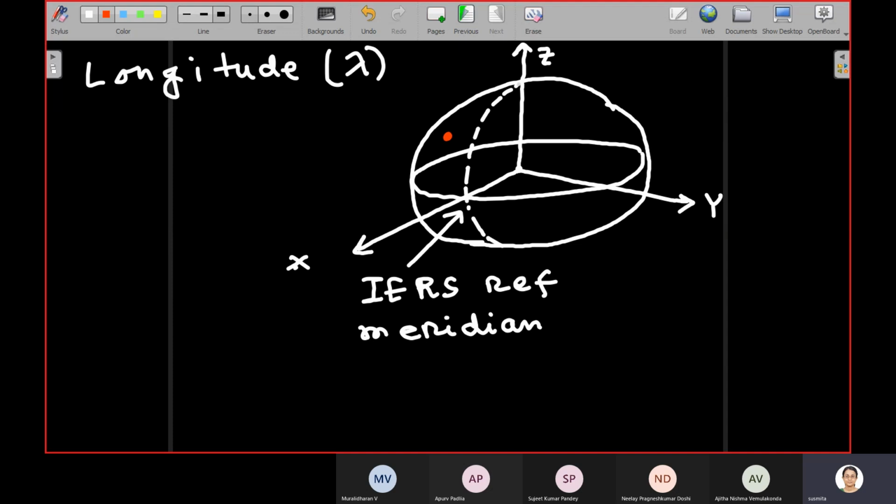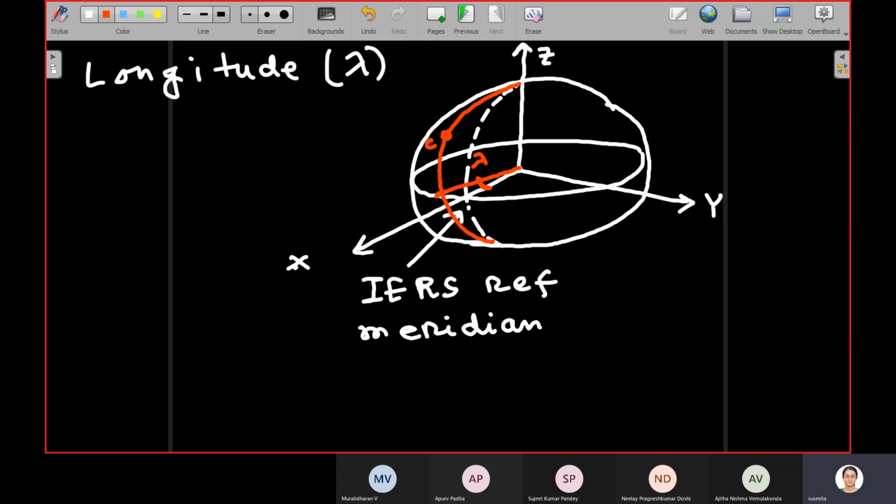So how do we find the longitude? So we draw the meridian that passes through this point C, and the angle between this meridian and the reference meridian is longitude on the equatorial plane.